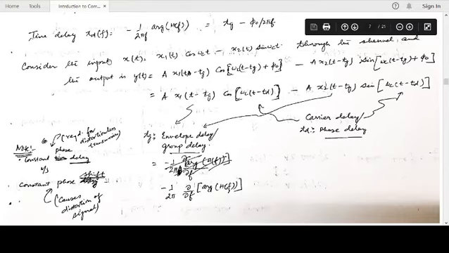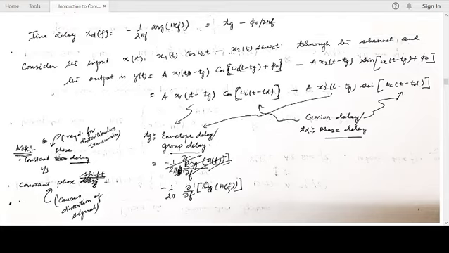So while on the one hand phase delay is just minus 1 by 2 pi f times the angle of H(f), group delay is minus 1 by 2 pi times the derivative of the angle of H(f). Very important.